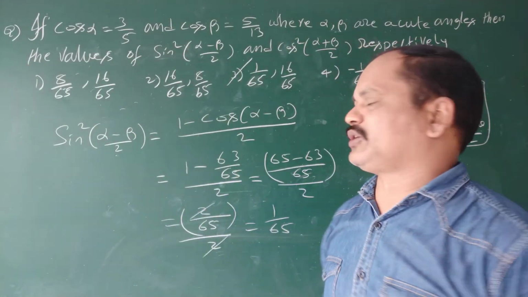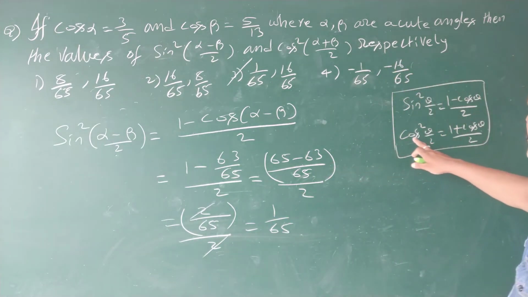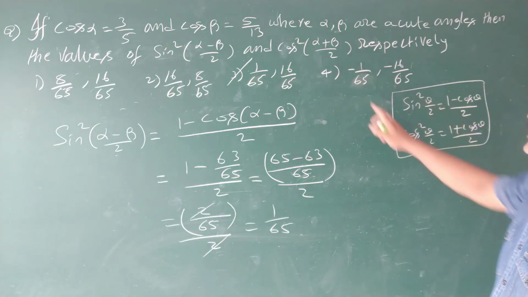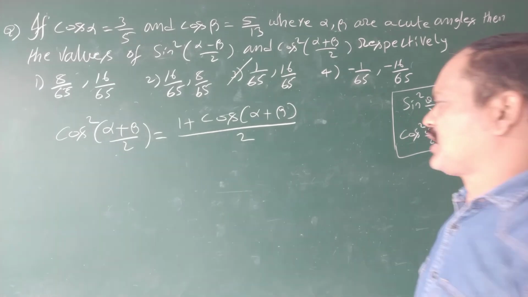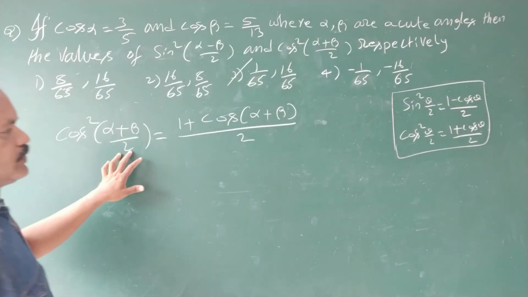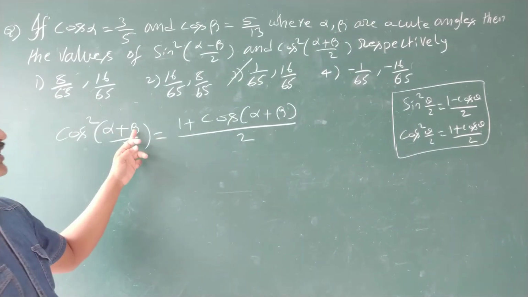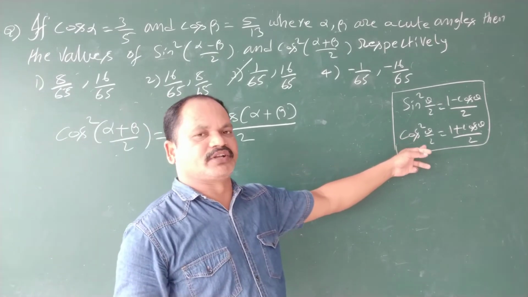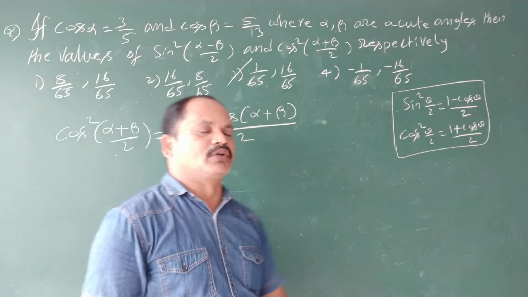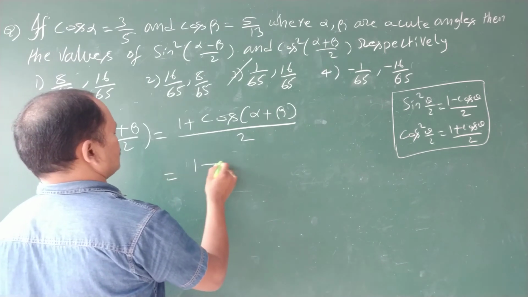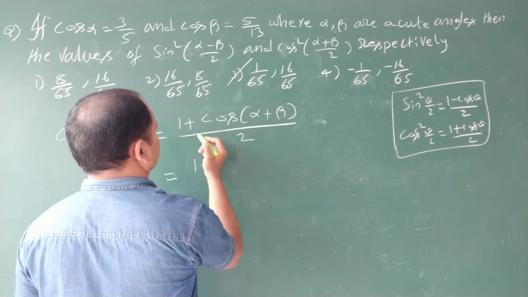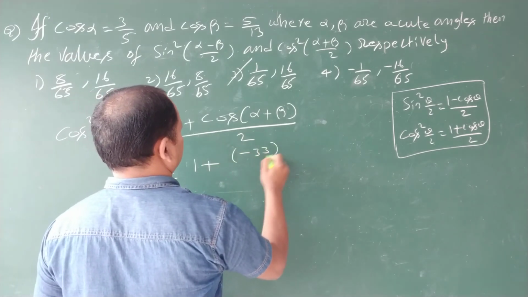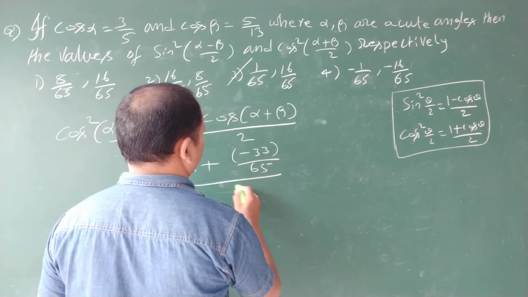Now we have to identify cos square (alpha plus beta) by 2. From this formula, cos square theta by 2 is (1 plus cos theta) whole by 2. Now cos square (alpha plus beta) by 2 is equal to, taking alpha plus beta as theta, in the form of cos square theta by 2, that is (1 plus cos theta) whole by 2. That's why it is 1 plus cos (alpha plus beta), which is minus 33 by 65, whole by 2.